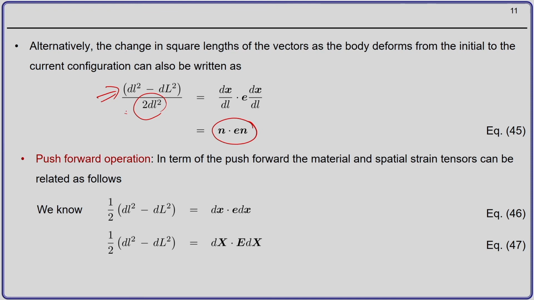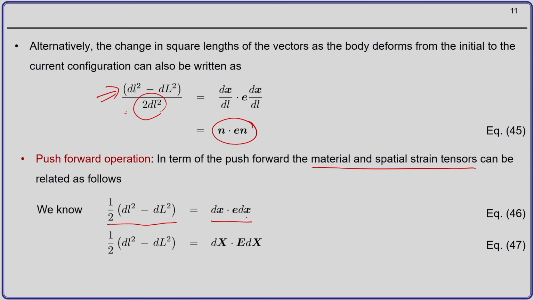So, in terms of the push forward operation, now I can do the push forward and pull back operations. In terms of the push forward operation, the material and spatial tensors can be related. How can we do that? You notice that 1 by 2 (dl square minus d capital L square) is nothing but dX dot E dX.